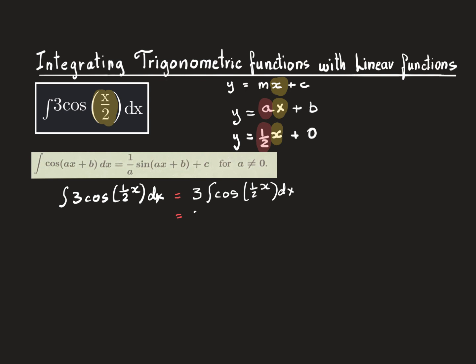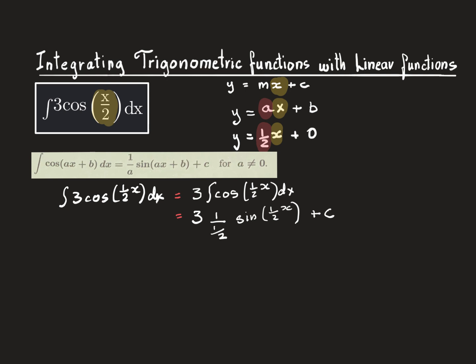Remember that our constant comes first, and now we can start integrating. So it'll be 1 over a half, and then the cos becomes a sine. So let's make that cos sine half x. And we'll just add the c to the end because that's what we usually do.